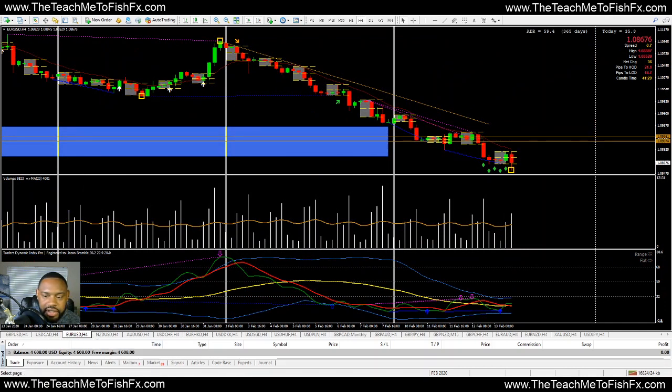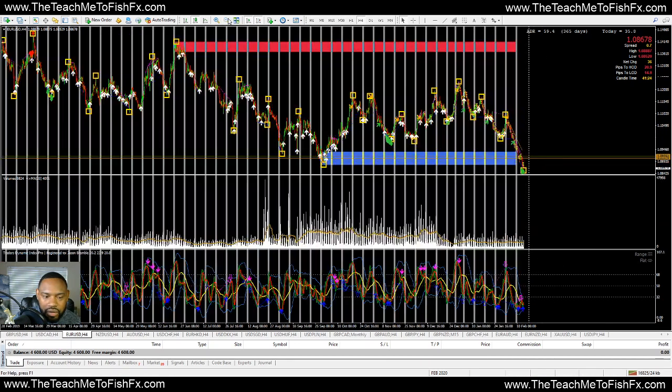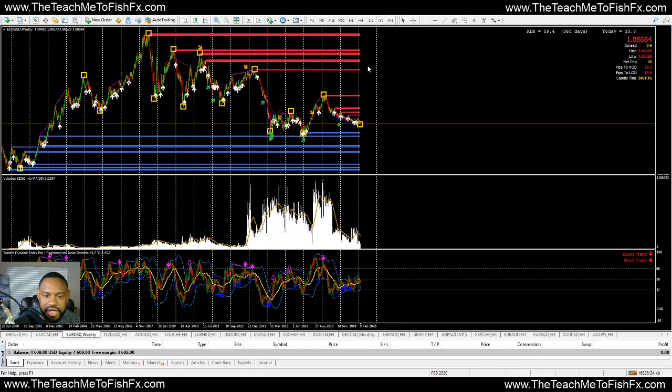Euro USD, it's kind of trying to work on its thing. It's been working itself for the past few days, but never really given a good sign to go ahead and jump in. It is currently on a downtrend, and it looks like it could be trying to make a turn here.